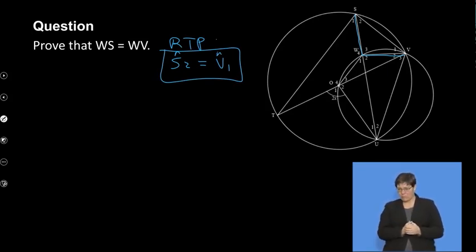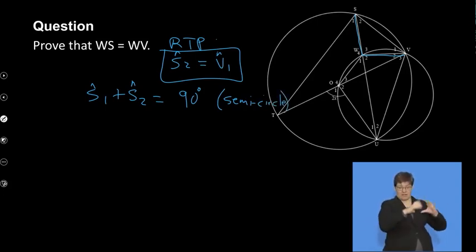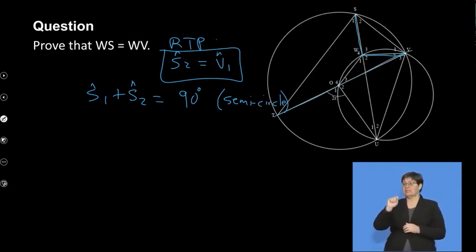Now, what do I know so far? I know that S1 plus S2 is equal to 90 degrees, right? And my reason for this will be angle in a semicircle, because in the bigger circle, TV is actually the diameter of that particular shape.